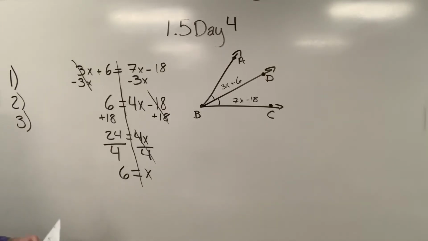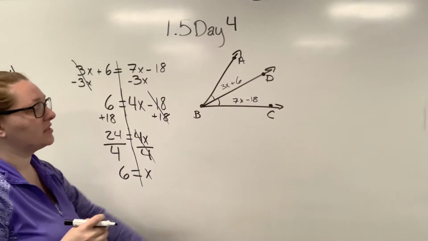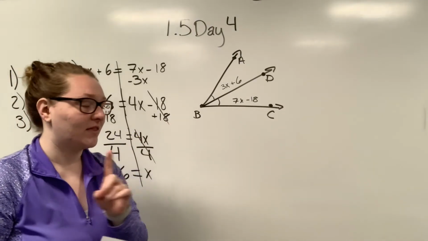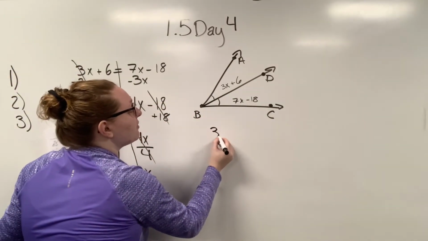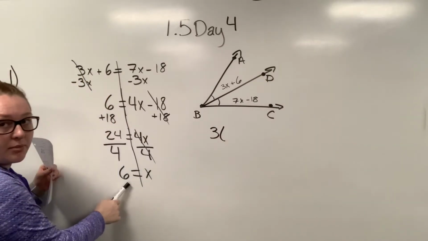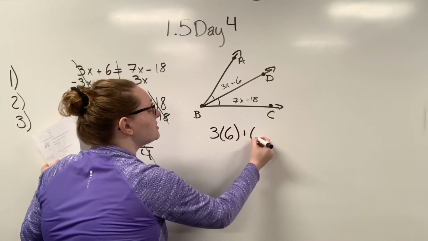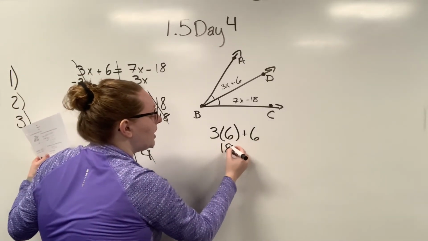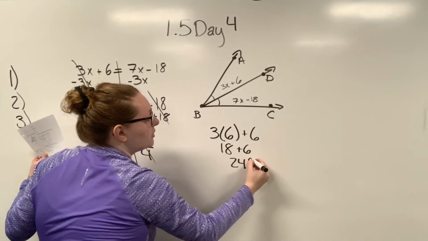But we are not done. They did not want to know what x is. They want to know what the angle measure is. But since these are congruent, we can have a shortcut and only do one of them. I'll pick the top one. You can pick whatever. So we have 3x, so we're going to plug in 6 because we found what x is, plus 6. 3 times 6 is 18, and 18 plus 6 gives us 24 degrees.